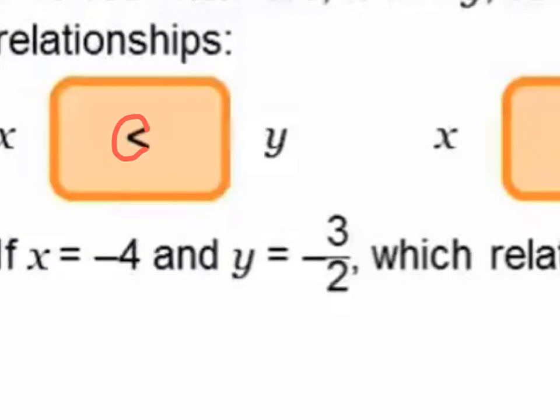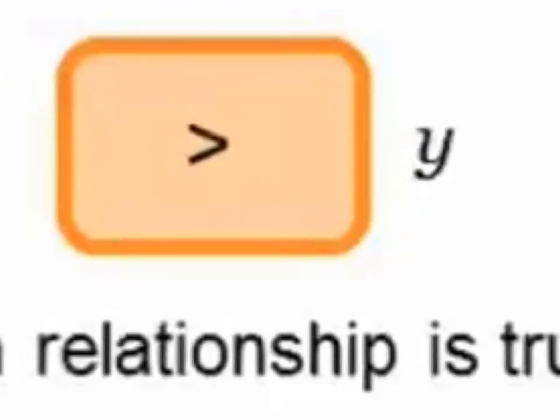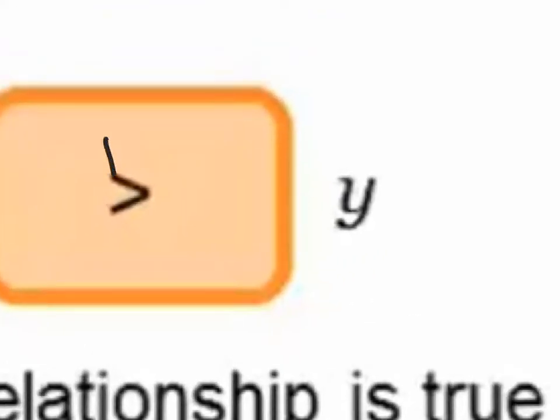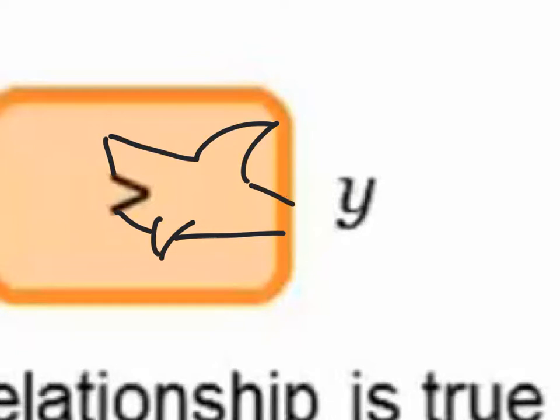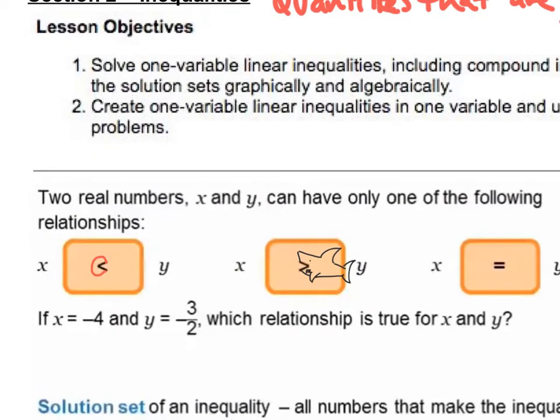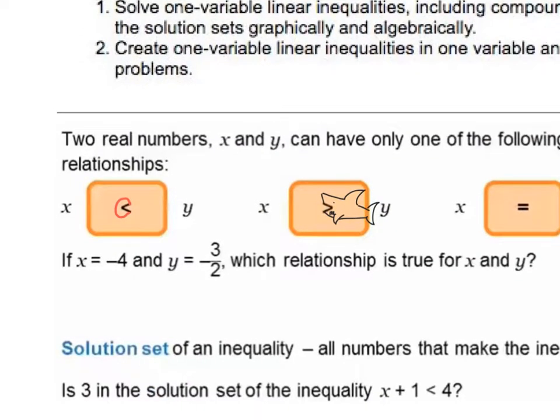Pac-Man is going to eat the bigger number. I think of a shark. I'm a big fan of Jaws, so I think of the shark's mouth eating the larger number, or they're equal. So whatever you want, think of either the Pac-Man or the shark.